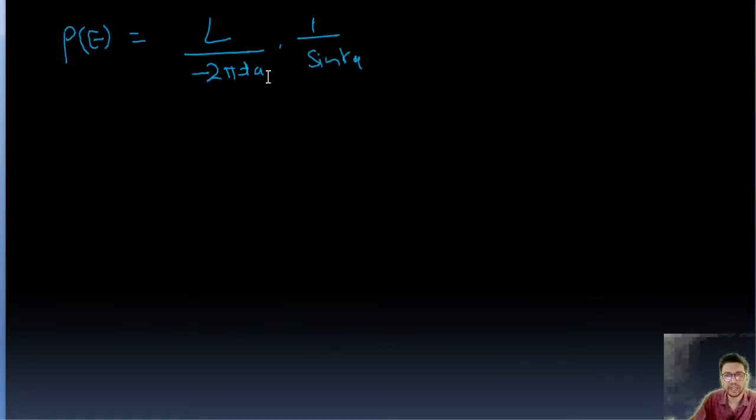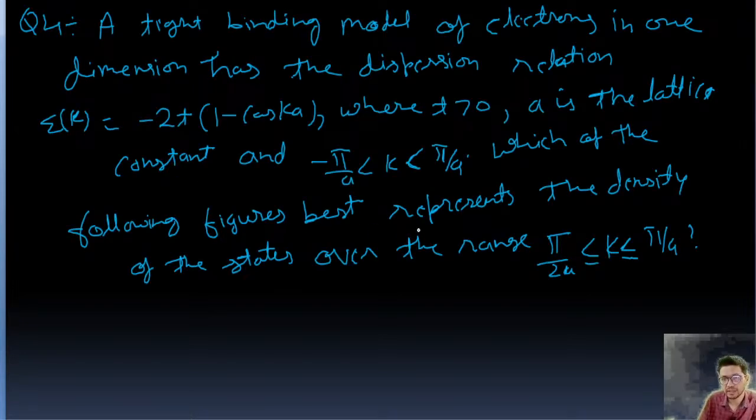Now we have to find the correct graph, right? We have to select the correct graph. Okay, so now this is the density of state. Now we will find the value at k equal to pi by 2, because we have to find the best figure, right?